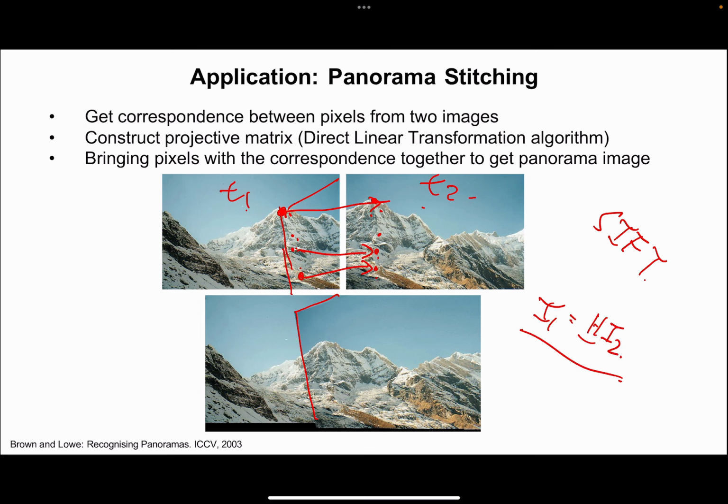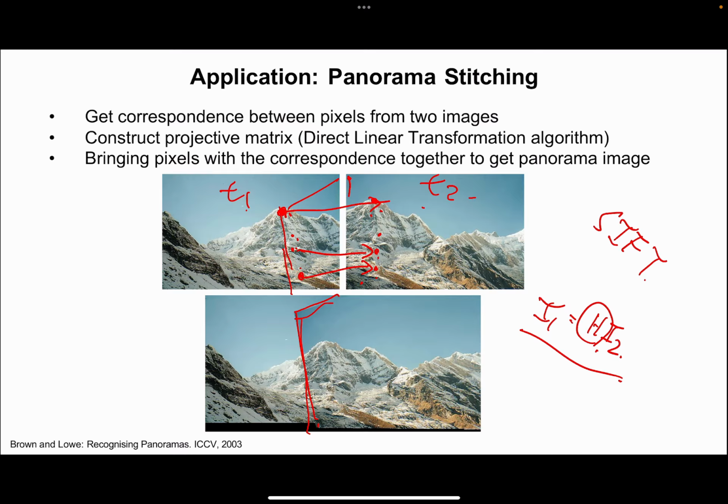So our goal is finding a projective transformation matrix which can explain correspondence between 2 images that have some overlap. And then we transform image T2 to T1 space by applying our optimized homography matrix, so that the image is converted to this space, and then we do some blending to make seam artifacts less visible and other things.